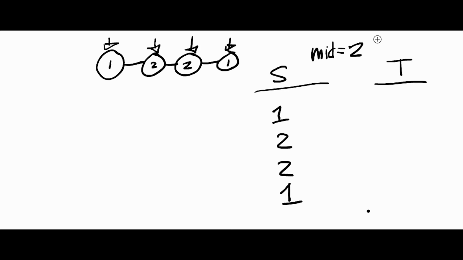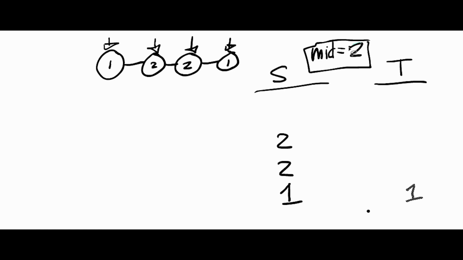And so we'll say while this mid value is bigger than 0, we pop off the top and add it to this one. So we pop off the top, and I'm going to add this here.